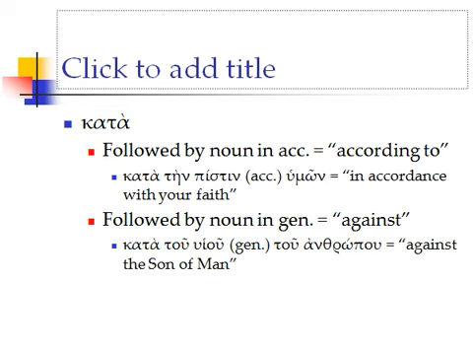So if you were to look up kata in BDAG or another lexicon, you would want to know that in the verse you're studying, kata is followed by a noun in the genitive case. It is governing a noun in the genitive case. In which case, you look up those meanings that are connected with kata followed by a noun in the genitive, and you exclude the meanings listed under kata followed by a noun in the accusative case.